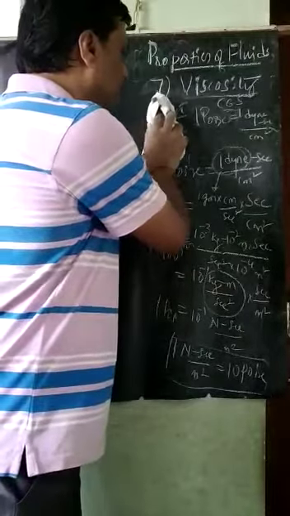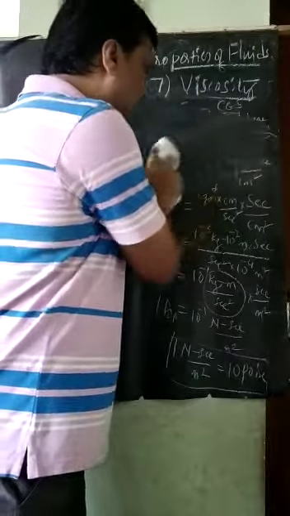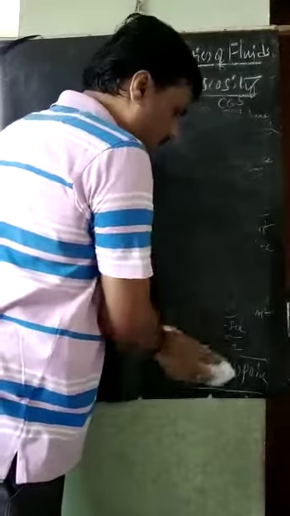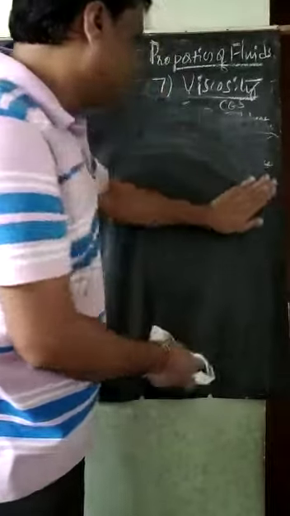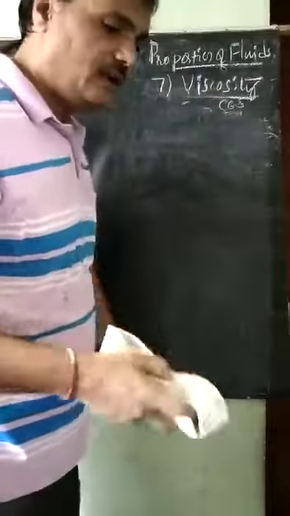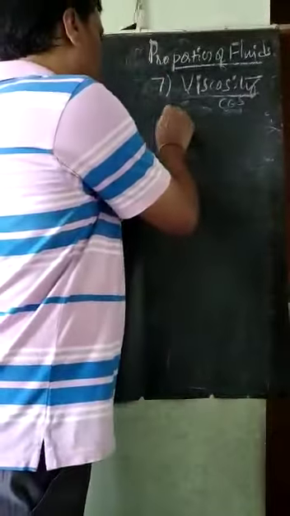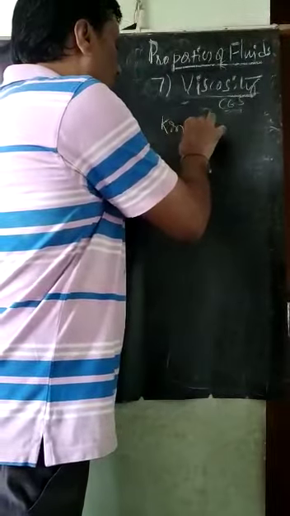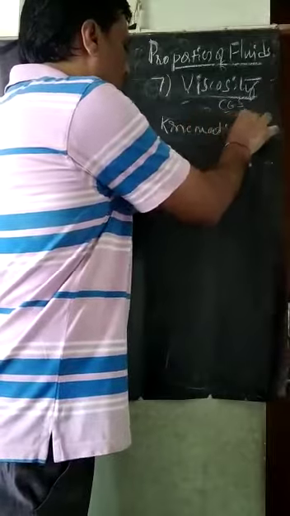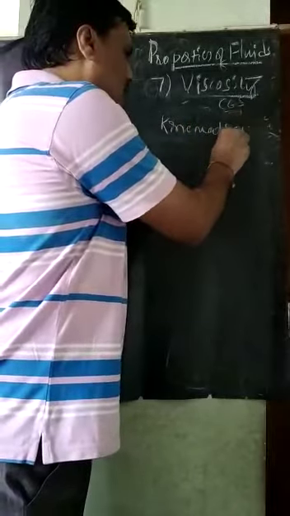So next, the other viscosity term is called the kinematic viscosity. Kinematic viscosity is noted by small v.